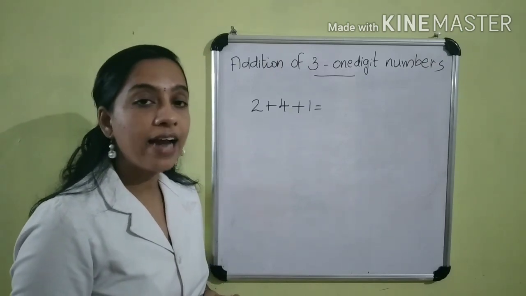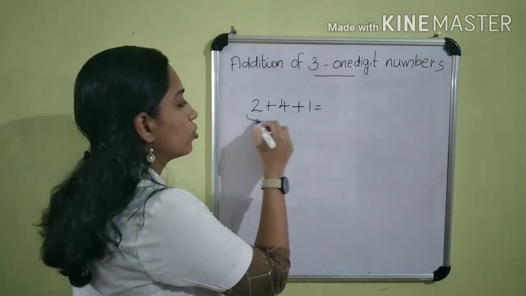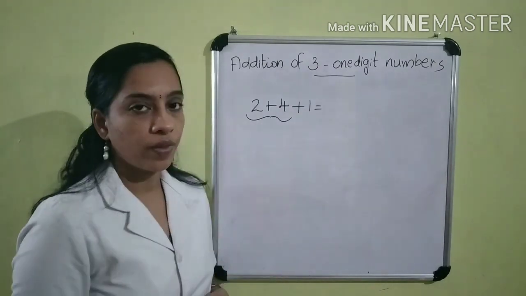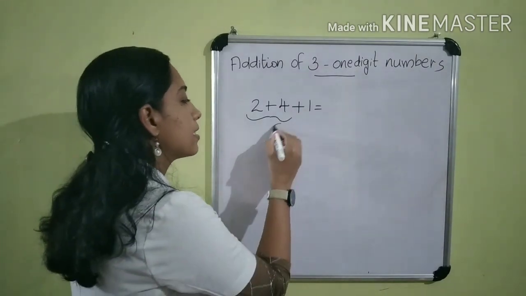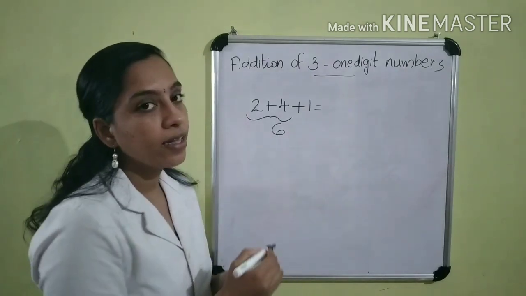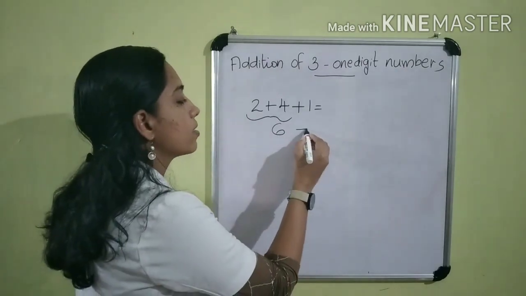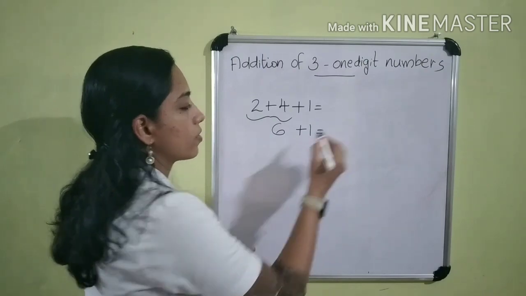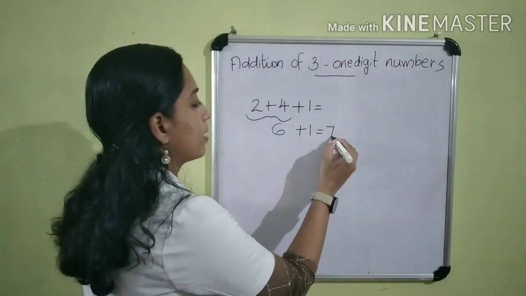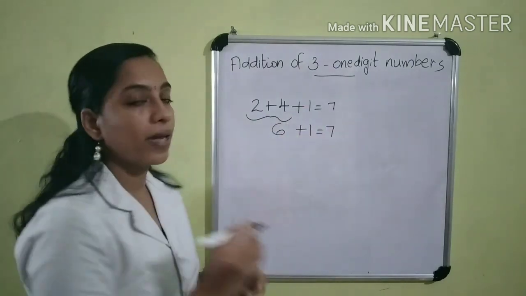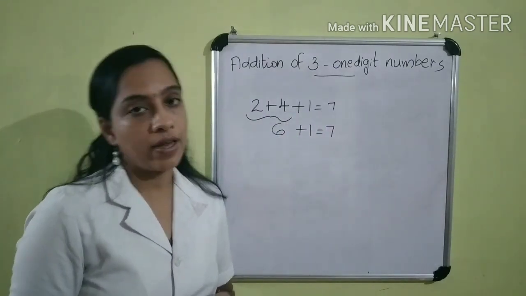First we add the first 2 numbers, that is 2 and 4. What will be the answer when we add 2 and 4? We will get 6. Then add the third number to the sum, that is 6 plus 1. What will be the answer? 7. That is 2 plus 4 plus 1 is equal to 7.